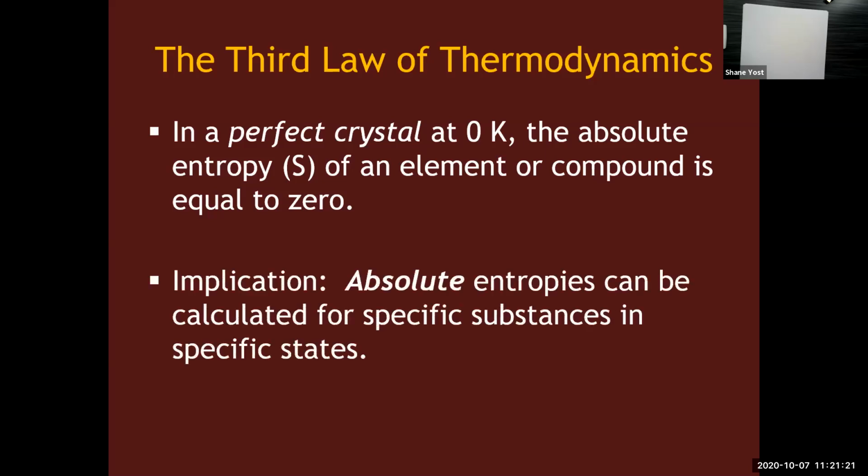One of the implications of this is that entropy is an absolute quantity, just like internal energy. An object has some internal energy that's related to its total kinetic energy and its total potential energy. Every substance has some entropy, and every element has an entropy. This is different from enthalpy, where there are no absolute values. We always talk about enthalpies of formation, which are always relative.